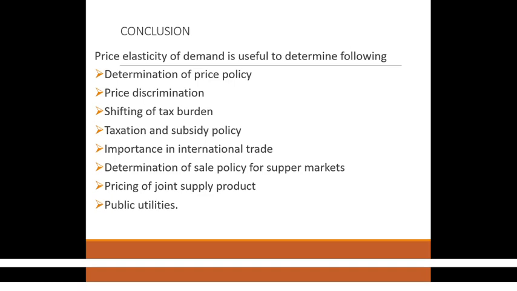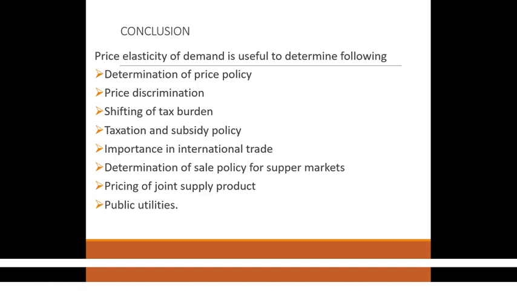And price discrimination, then shifting of tax burden, we can shift the tax burden if we know the price elasticity of the commodity. Taxation and subsidy policy, here also if we know the price elasticity of the commodity, we can fix the tax, and we can subsidize the commodity accordingly.